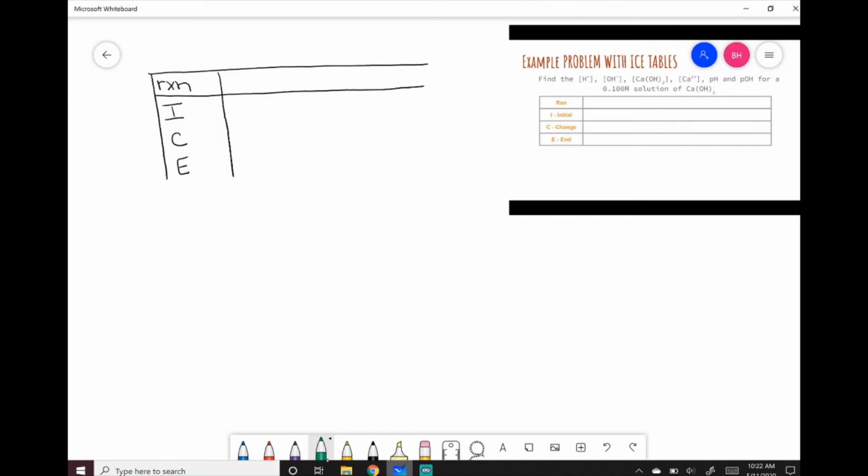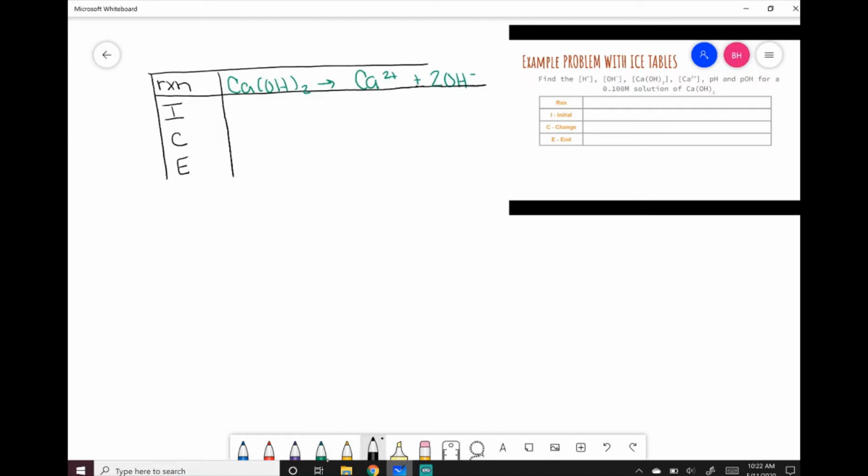So what that means is that when we write a reaction, it's going to dissociate into its ions 100%. So we're going to have calcium hydroxide, and it's going to break off into calcium ions and 2 hydroxide ions. And that becomes really important.